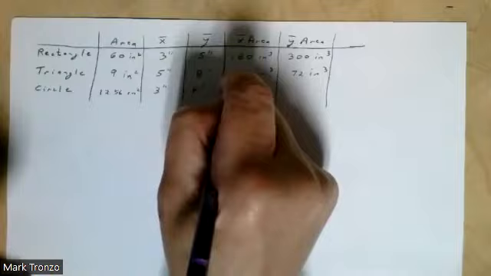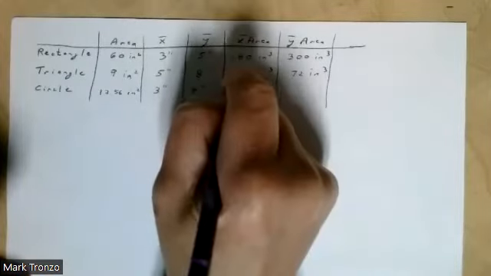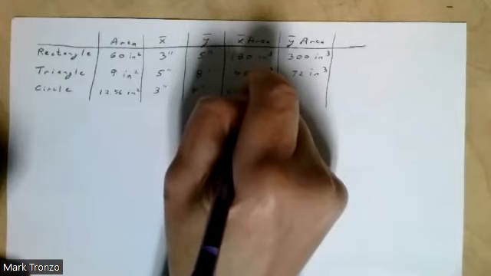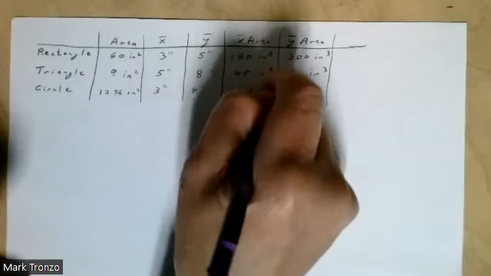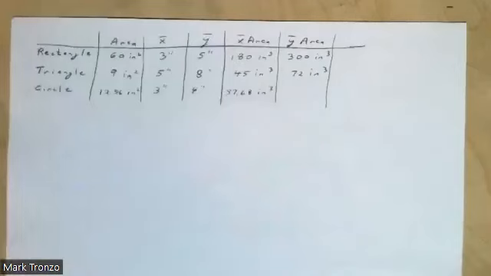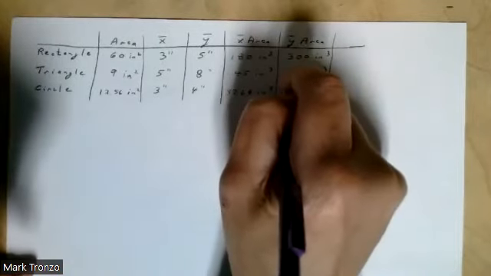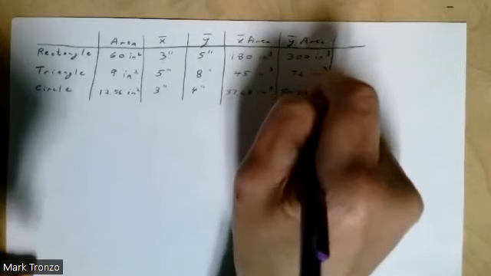This is going to be 37.68 inches cubed, and 4 times this, 50.24 inches cubed.